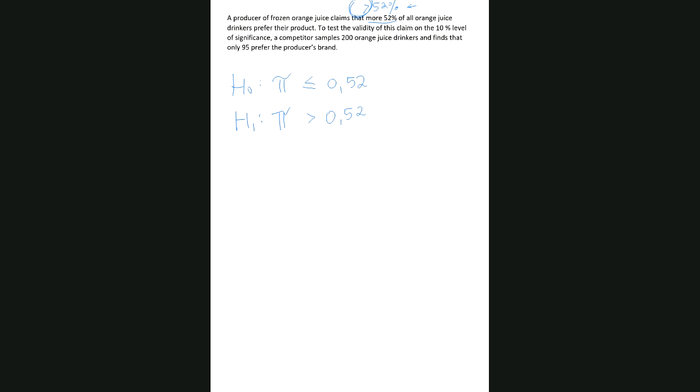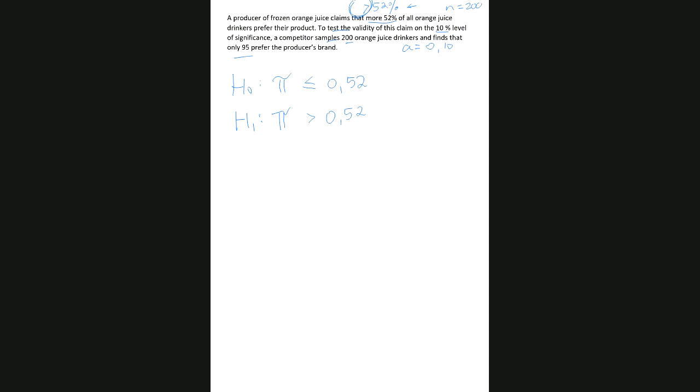Then they say that to test the validity of this claim at the 10% level of significance, so alpha here is equal to 10% or 0.10. A competitor samples 200 orange juice drinkers, so n is equal to 200, and he found that only 95 prefer the producer's brand.